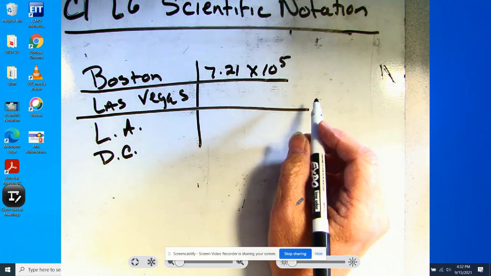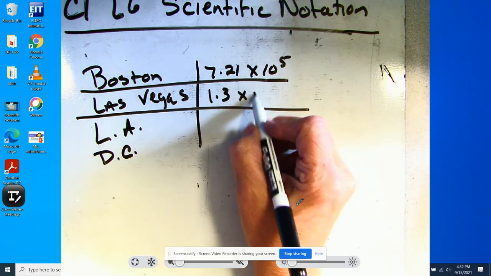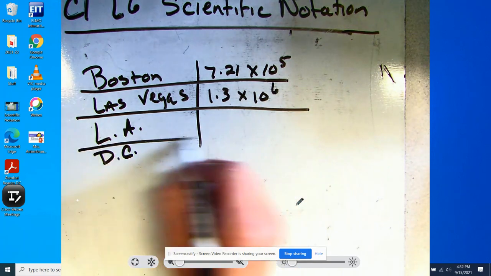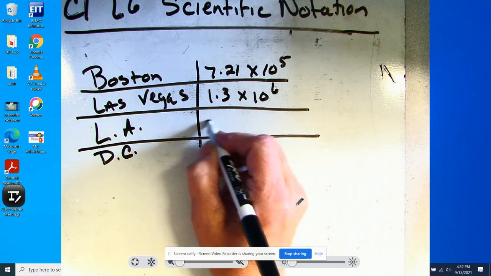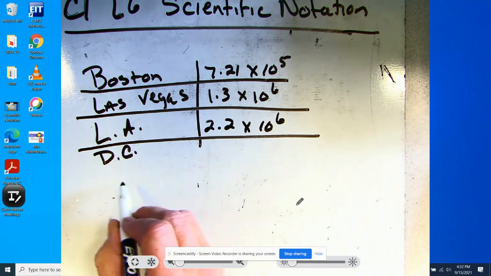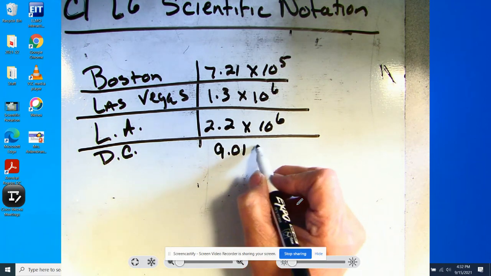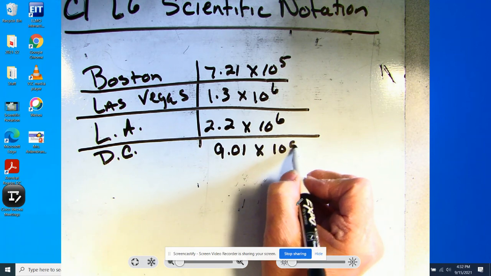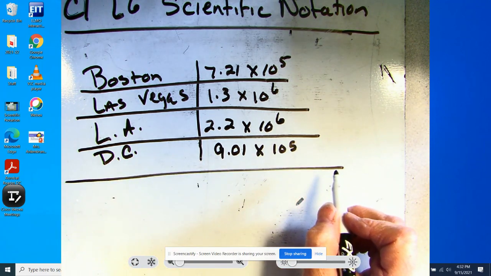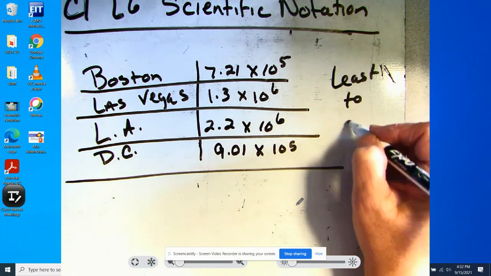Las Vegas will have 1.3 times 10 to the power of 6 visitors. Los Angeles will have 2.2 times 10 to the power of 6 visitors. And DC will have 9.01 times 10 to the power of 5 visitors. We need to order these. Say we want to order them from least to greatest.